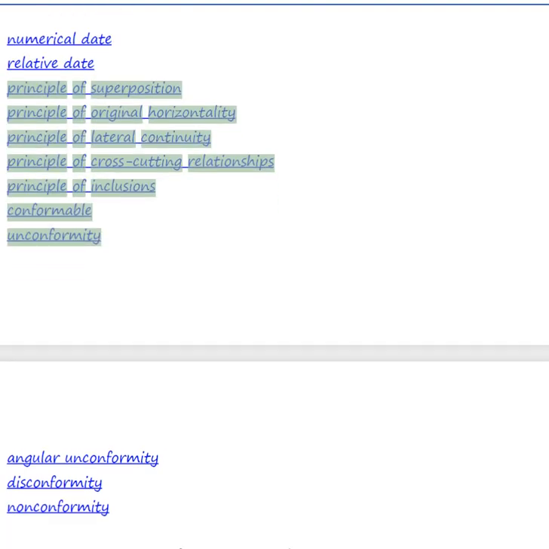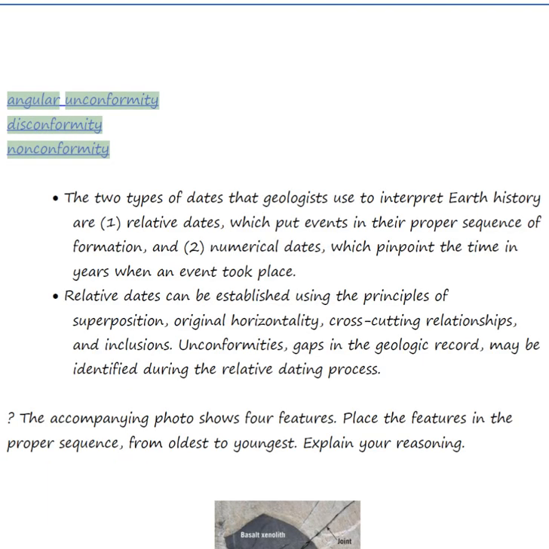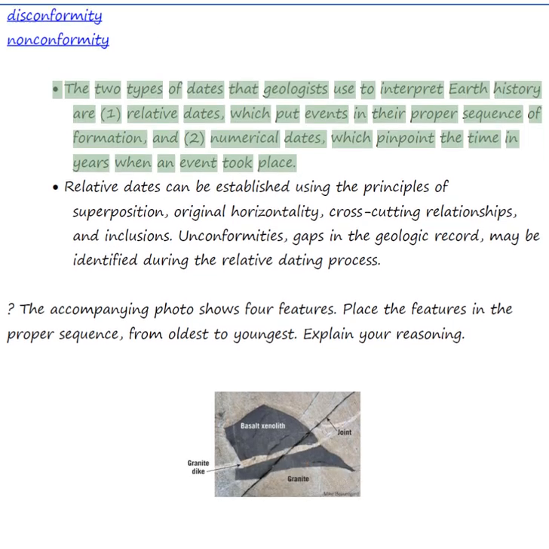Principle of superposition, principle of original horizontality, principle of lateral continuity, principle of cross-cutting relationships, principle of inclusions, conformable unconformity. Angular unconformity, disconformity, nonconformity. The 2 types of dates that geologists use to interpret Earth history are relative dates, which put events in their proper sequence of formation, and numerical dates, which pinpoint the time in years when an event took place.